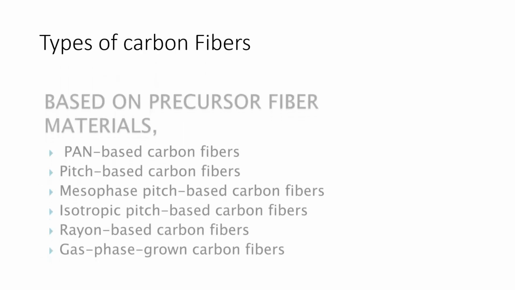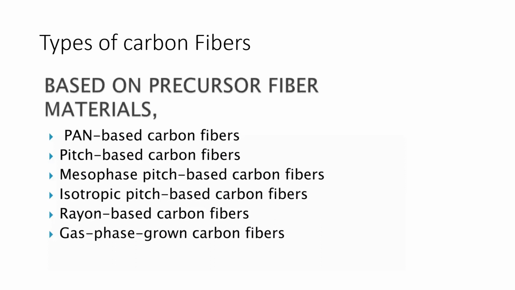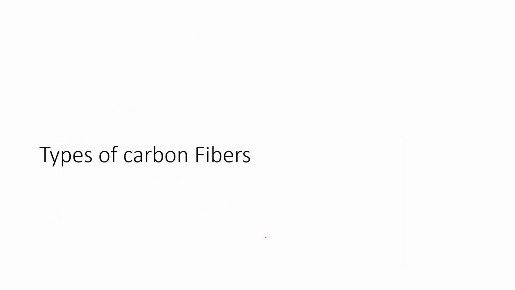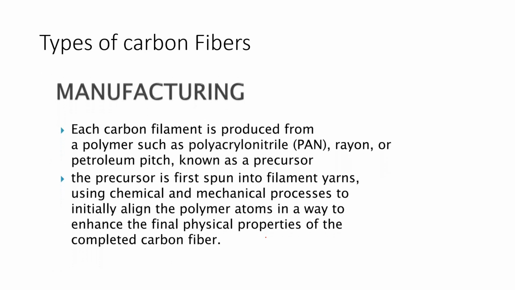So based on these different kinds of precursors, carbon fibers can be named PAN based, pitch based, or mesophase pitch based. These can be isotropic pitch based, rayon based, or gas phase grown carbon fibers. Based on the precursors, carbon fibers can be of different types, but mostly they are PAN based and pitch based carbon fibers. Now we will go through the manufacturing of these carbon fibers.